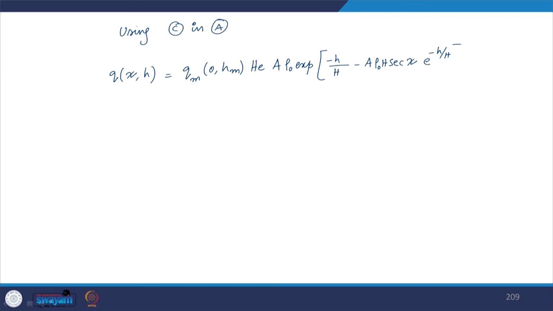What will we get? We get Q, the production as a function of height, is equals to Qm0 Hm times He that we got from the equation C, then the equation A itself, rho naught exponential minus h by h minus A rho naught h secant chi e to the power of minus h by h. So we will write Q as a function of these two variables.